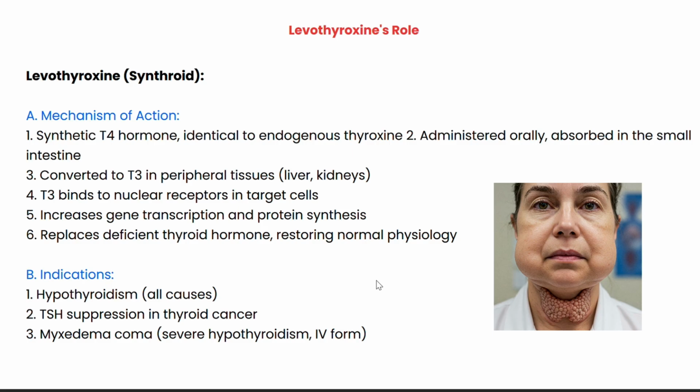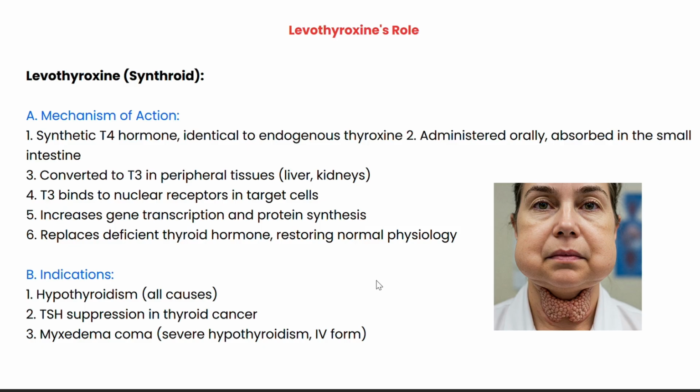When taken orally, levothyroxine is absorbed in the small intestine. Once in the bloodstream, it travels to various tissues, including the liver and kidneys, where it is converted into the active T3 form. T3 then enters the cells and binds to the receptor in the nucleus of the cells.